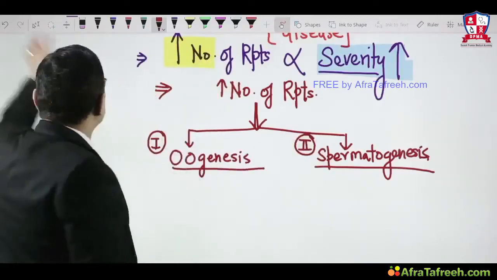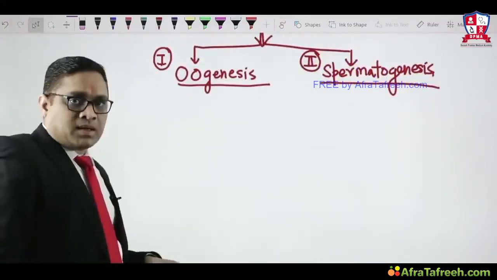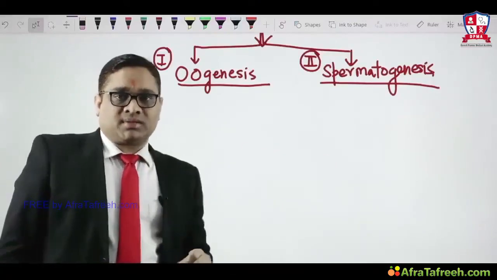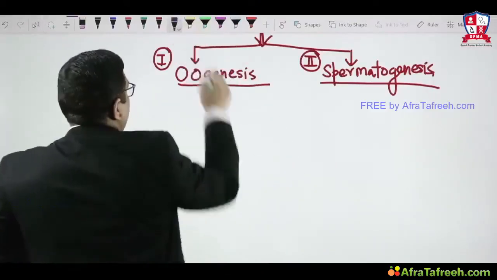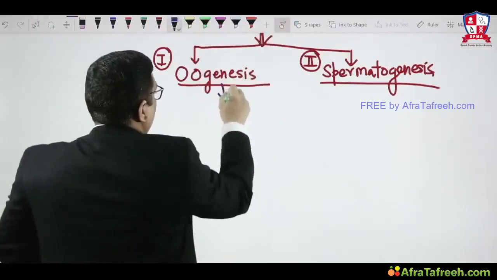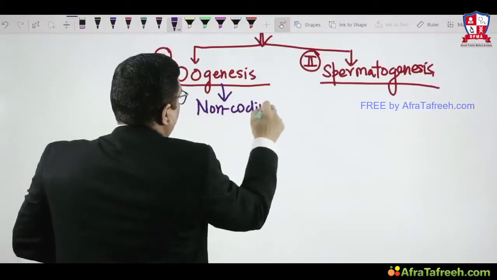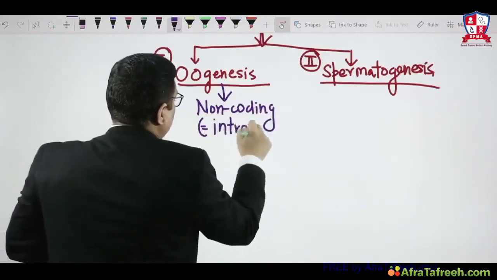Another important area where the examiner is focusing nowadays: oogenesis will be involving exonic areas or intronic areas. So that is important, right? During oogenesis, they will be involving non-coding areas, and we all know that non-coding areas are also called introns, right?